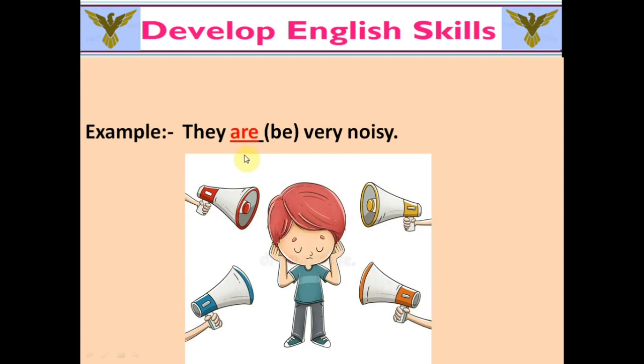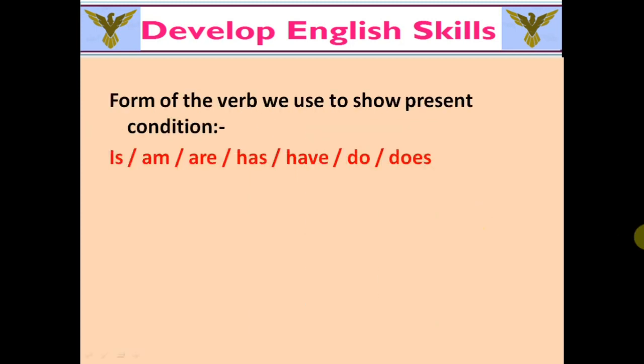Again, are is a be form of verb. The forms of the verb we use to show present condition are is, am, are, has, have, do, does. So we use all these forms of verbs to show the present condition.